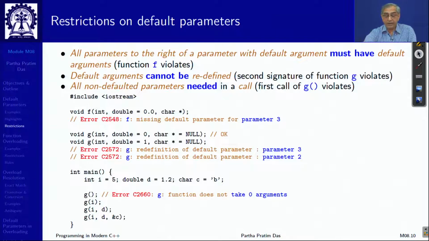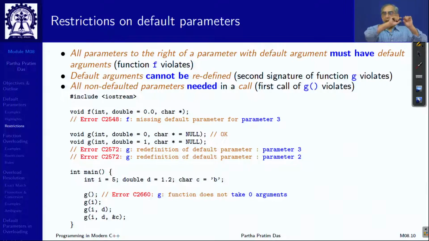Now, there are some restrictions on the default. Since in the call we are considering the parameters from left, as soon as you default one parameter, all parameters to its right must always be defaulted. So, you have non-default parameters, then a parameter which is default, and onwards everything has to be default.